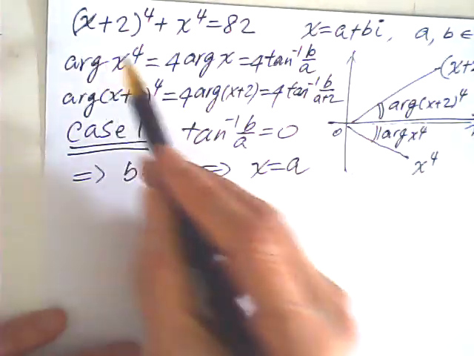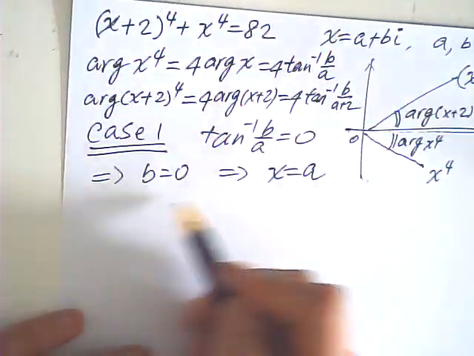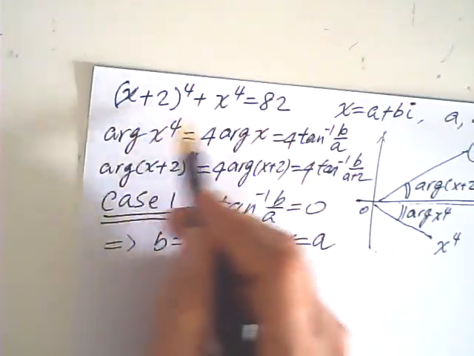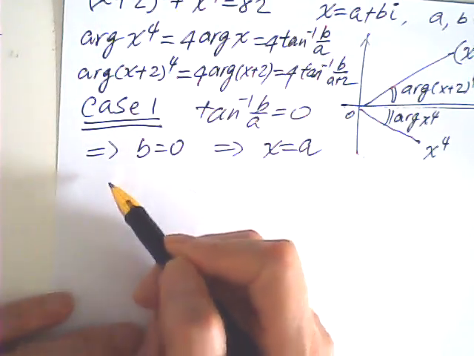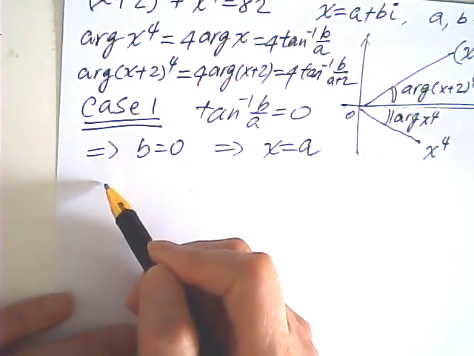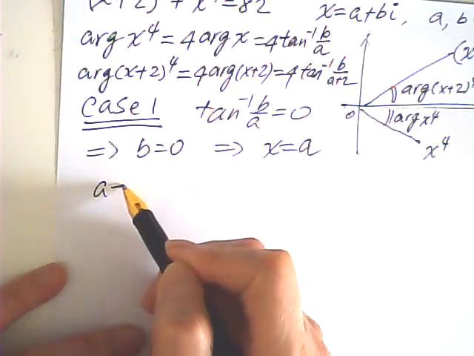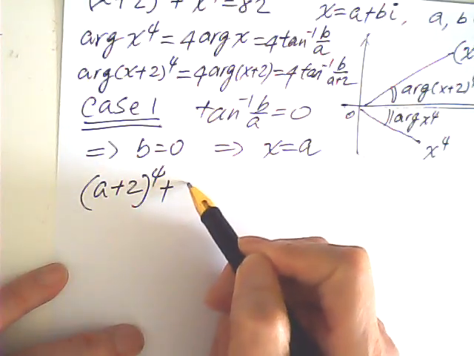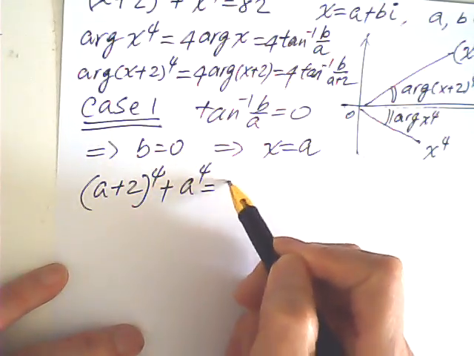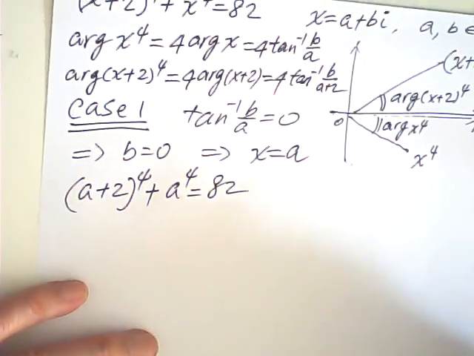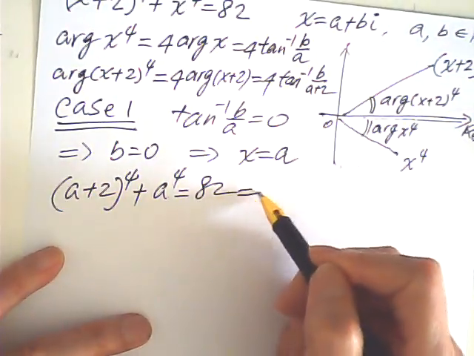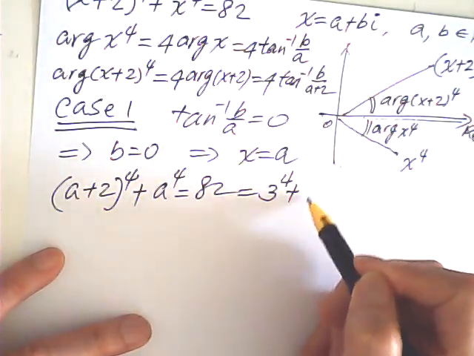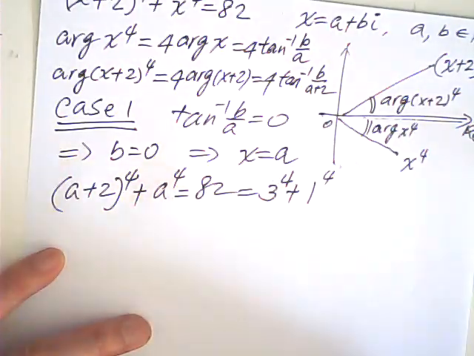Then, of course, we have the equation from the given: a plus 2 to the fourth plus a to the fourth is equal to 82. 82 is what? 82 is 3 to the fourth plus 1, and 1 is 1 to the fourth.